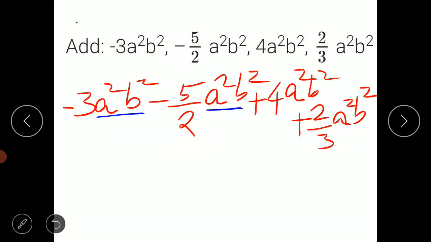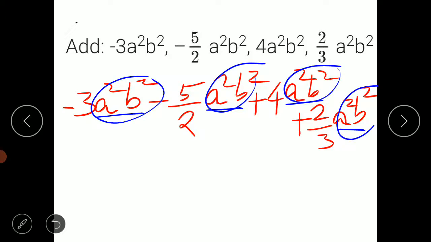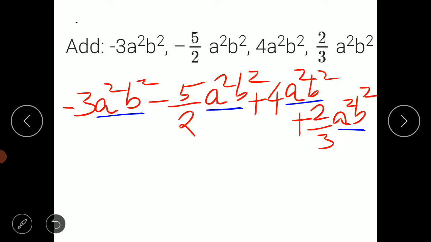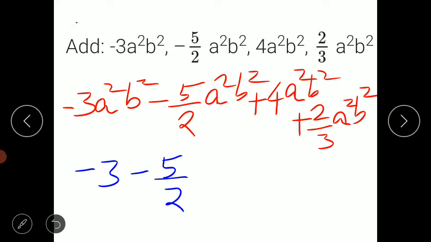A square b square term, only single term, there is no other term. So let's pick up all the numerical values. Here the numerical value minus 3, and here the numerical value minus 5 by 2, and here plus 4, and here plus 2 by 3.